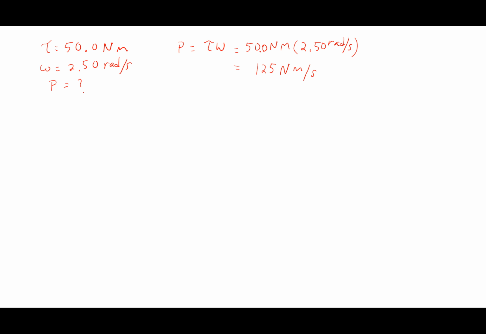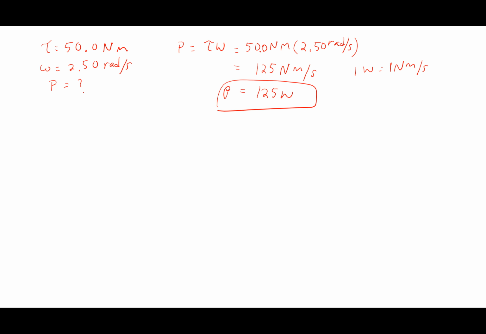And if you'll recall, 1 watt equals 1 newton meter per second. So that's going to equal 125 watts. And if you just keep in mind what different units are, we know power is in watts, so it makes more sense to have it in watts. Okay? So read through those, and you should be able to work those.